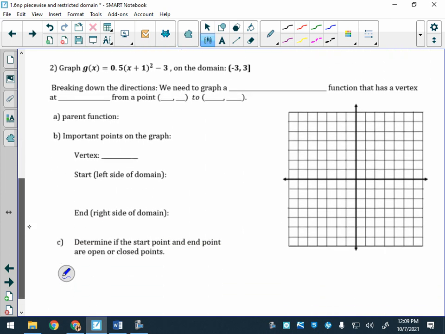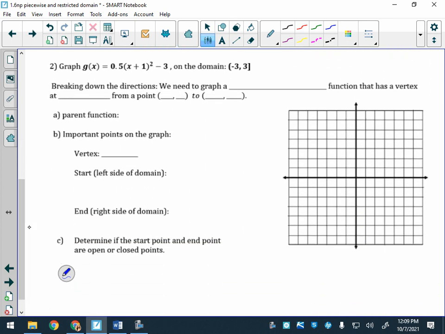Okay. For number 2, what type of function is this? Well, it's a quadratic. That has a vertex of what? -1, -3.